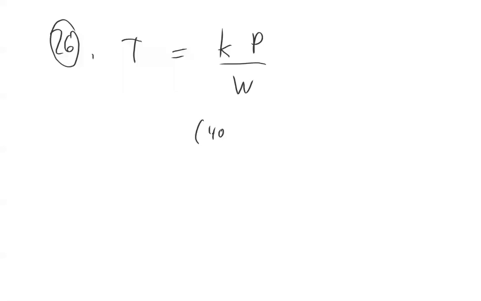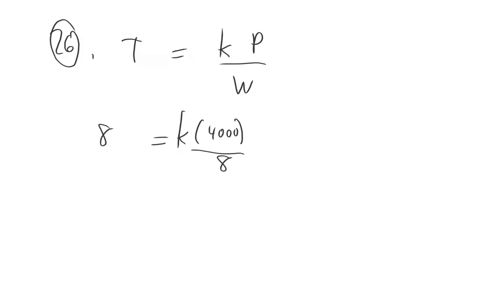Now, 26. So the time required to process a shipment of oysters varies. That means it's a constant. Directly means multiplied as the number of pounds in the shipment and inversely with the number of workers. So 4,000 pounds can be processed by 8 workers in 8 hours, right?